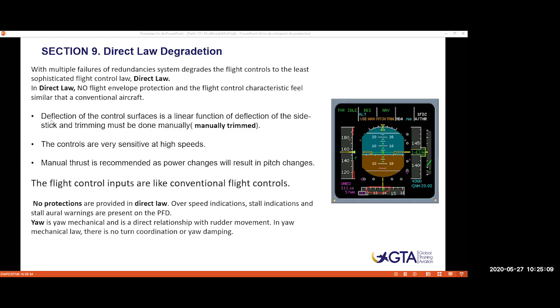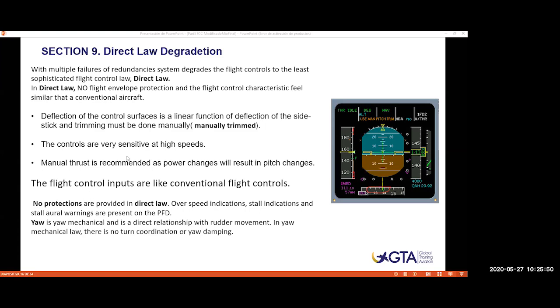What happens in this case? When we move the side stick, the deflection of the control surface is a linear function of the deflection of the side stick. We have to trim, because in normal law the aircraft auto-compensates, but in this case we have to trim manually, as you see here on the FMA. It's very sensitive at high speeds, and manual thrust is normally recommended because there are big changes in pitch.